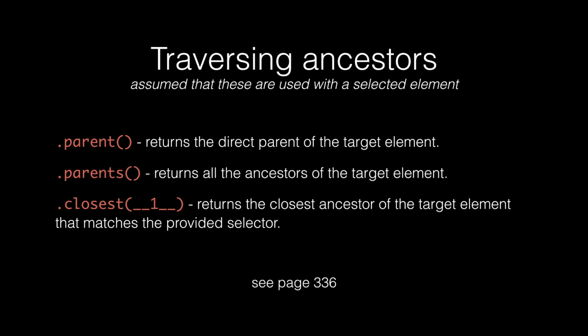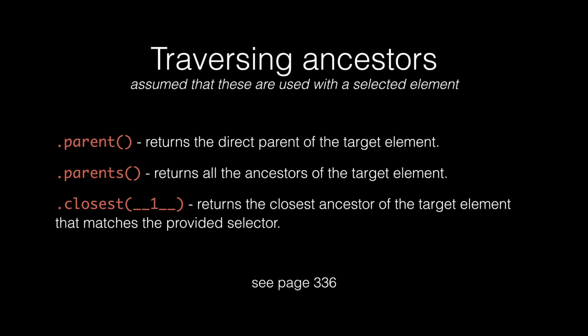Okay. The third method is similar to the find method that we had with descendants, but it goes the other direction. So closest returns the closest ancestor, so the ancestor that is nearest to the target element, the closest ancestor of the target element that matches the provided selector.